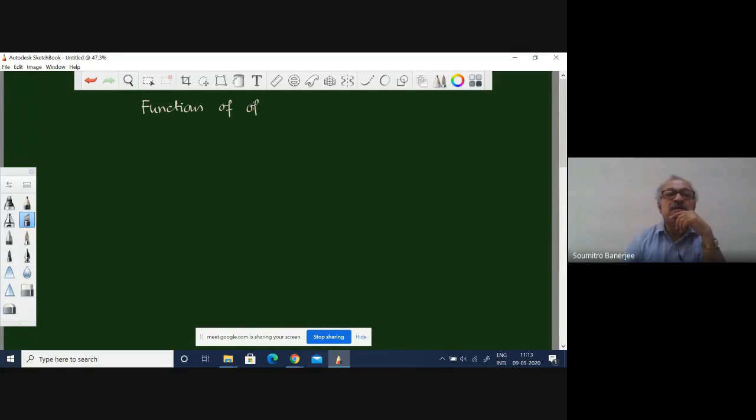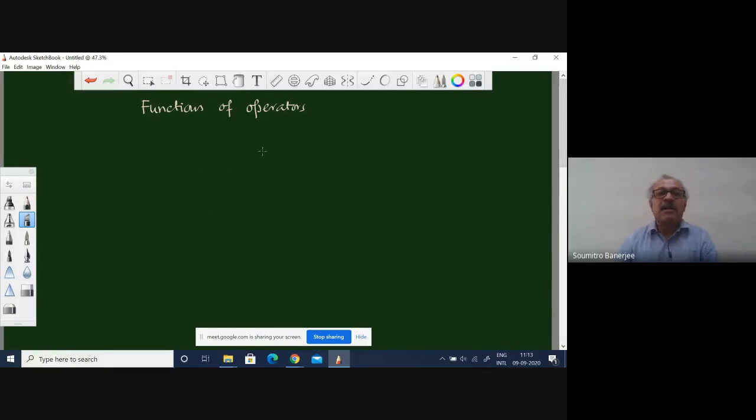Functions of operators. So we have learned that A, B, C, D can be operators and they can have certain functions operating on functions. Okay, fine. But can you have functions of operators themselves?